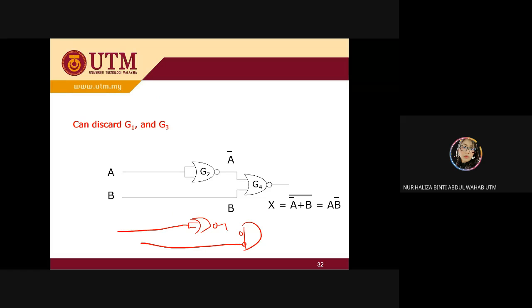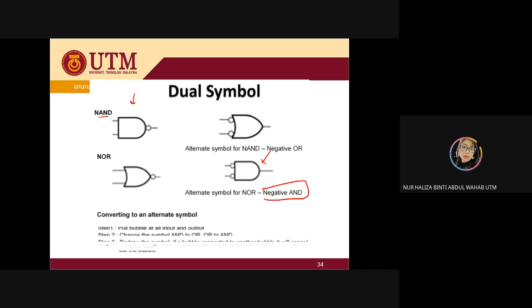Because it asks you to change only in terms of the dual symbol for this odd level. If the even level, you just change this to be the negative AND. So that is the thing over here. That's why you need to remember the representation: NAND to be negative OR, or NOR to be the negative AND.